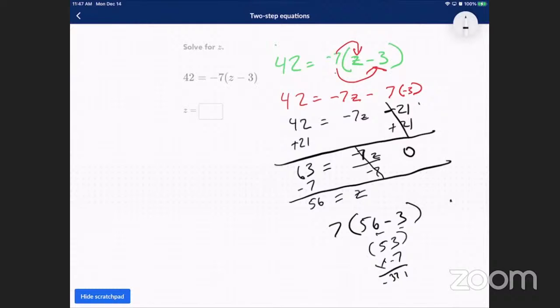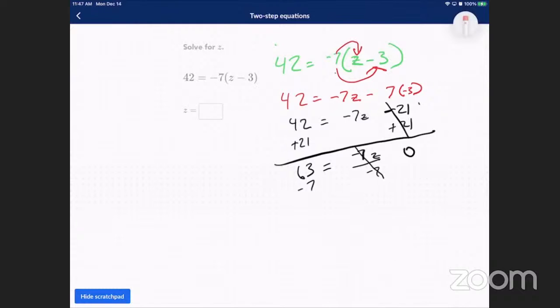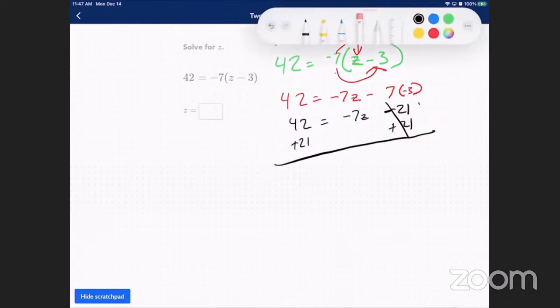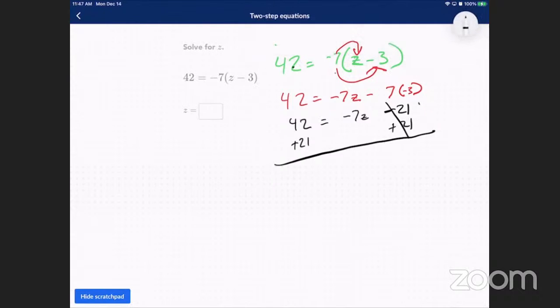Okay, so when I get to this piece right here, I'm just going to erase all of that. And let's make sure that we're doing this properly. So we have this -7 here. That's correct. We have a +21 because this is 7.